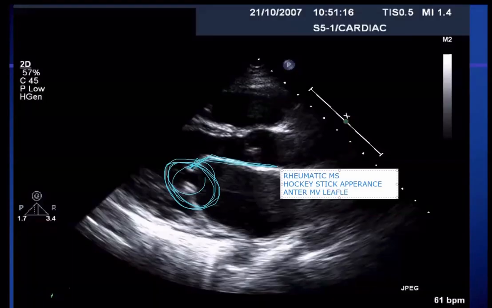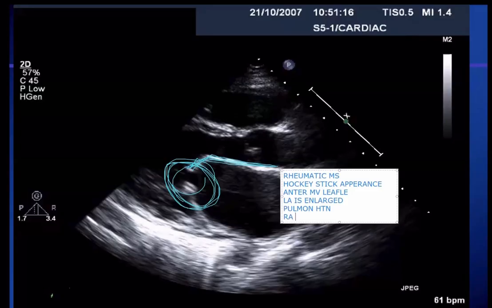And that is why the LA is enlarged. And also this patient has pulmonary hypertension from long standing. That is why the RA is also enlarged.